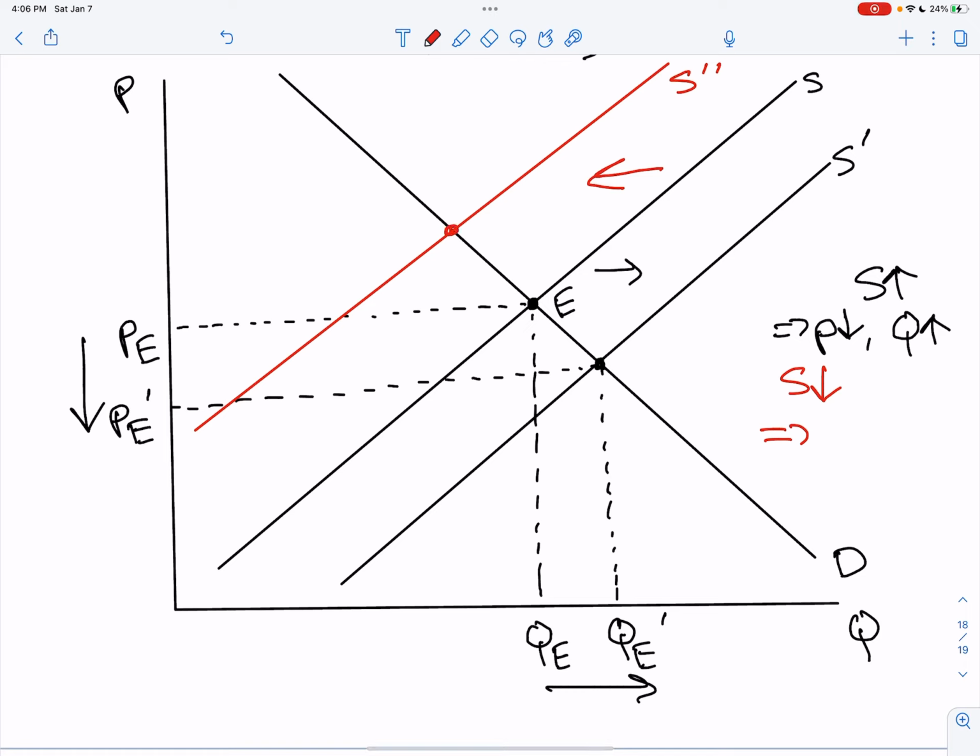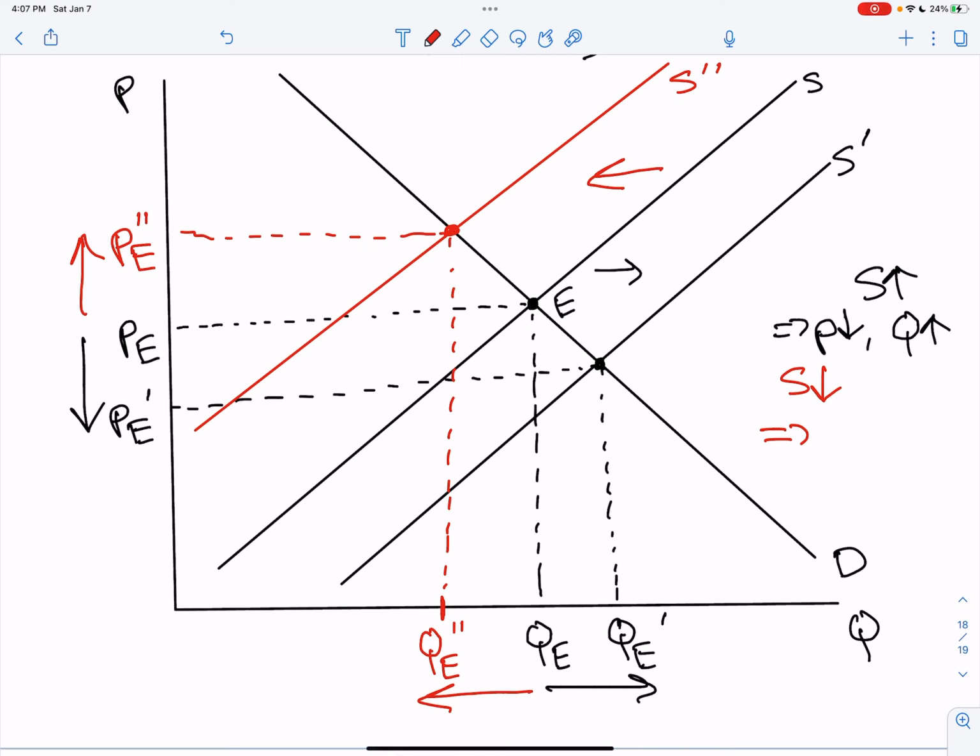New equilibrium point here. New equilibrium quantity here. New equilibrium price. So that's an increase in price and a decrease in quantity.